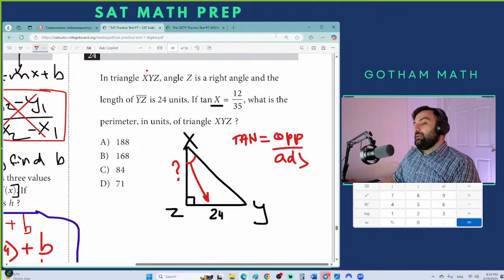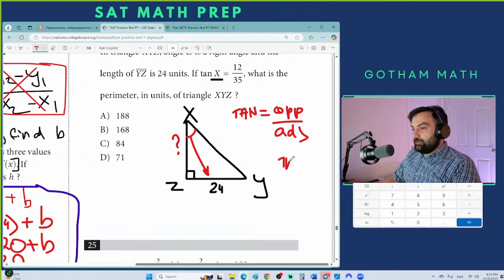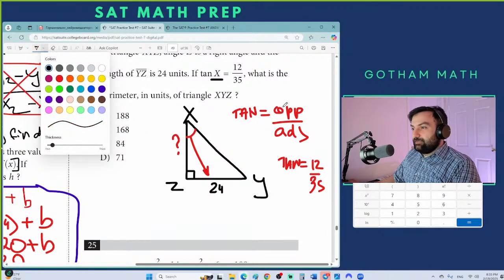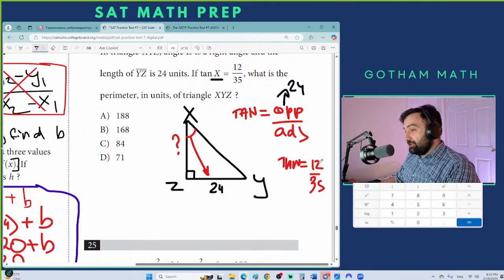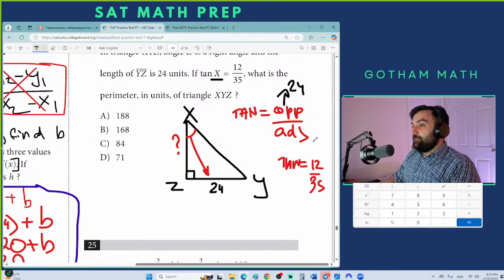Since the tangent equals 12 over 35, but in reality it's not. The opposite side in our case is 24, but in the tangent representation, it's 12. What does that mean?